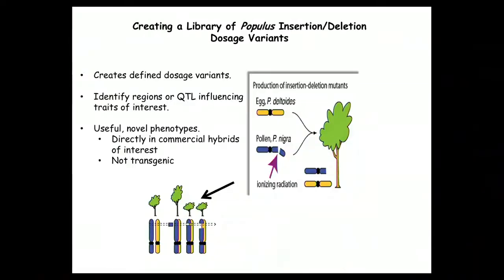So in this project, what we wanted to know is what is the relative importance and contribution of this sort of variation to quantitative traits in poplar. So for this experiment, what we did was a controlled cross that's often used for commercial forestry between a Populus deltoides female and a Populus nigra male.